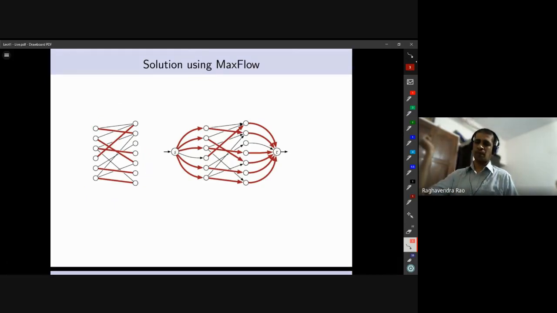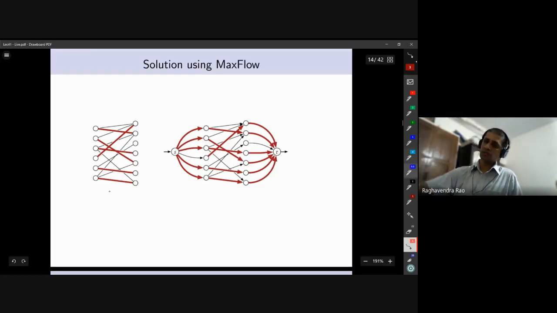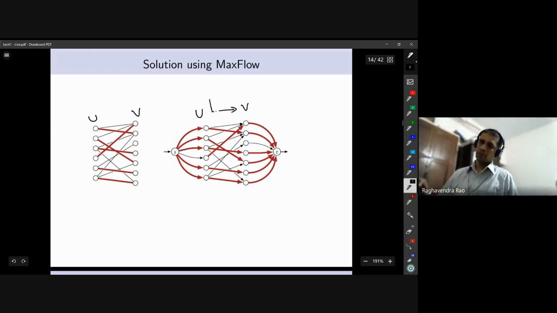What you do is you give orientation to edges. Let's say this is U and this is V, and let's put the orientation from U to V. And then we add a new source vertex and a terminal vertex.